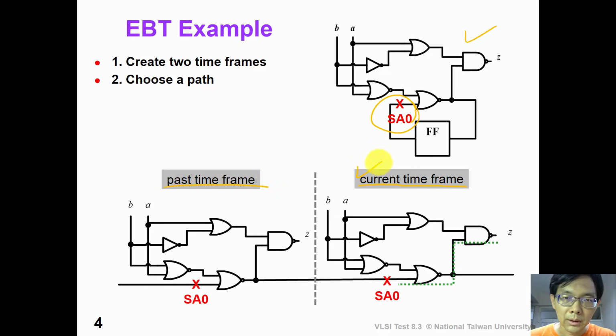On the right is the current time frame, on the left is the past time frame. So we duplicate the circuit into 2 copies, and we select this propagation path, and we remove the flip-flop and connect these 2 copies by a wire.